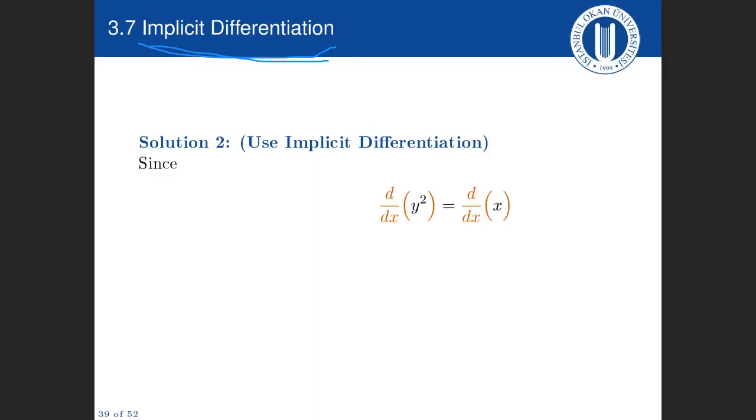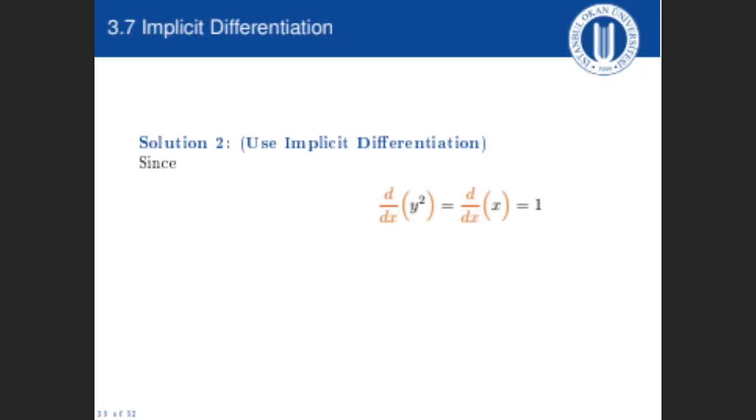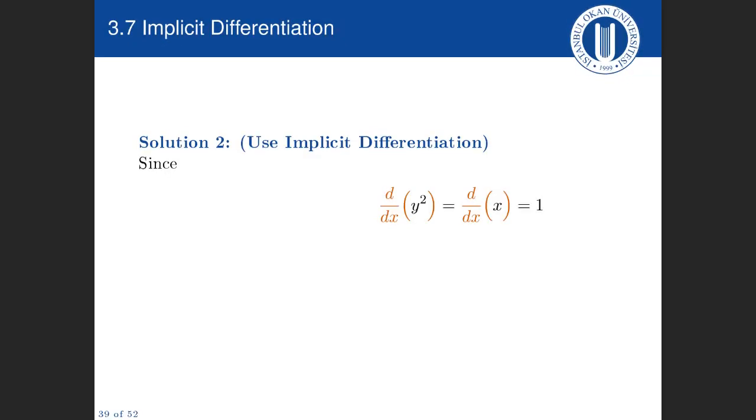That shouldn't scare you. Start with an equation and write d dx on both sides. There's nothing unusual or difficult there. The derivative of x is just 1. So now let's look at the left side, d dx of y squared.